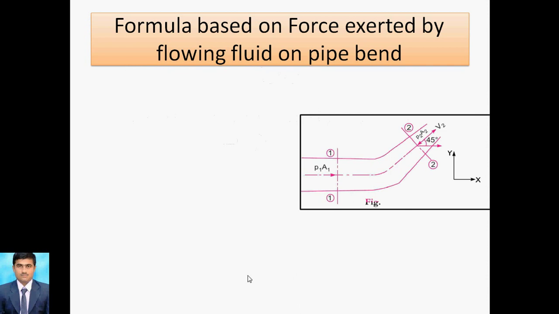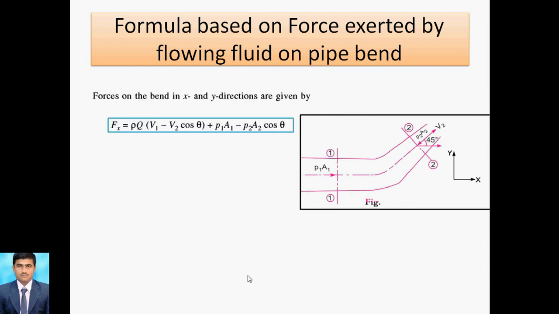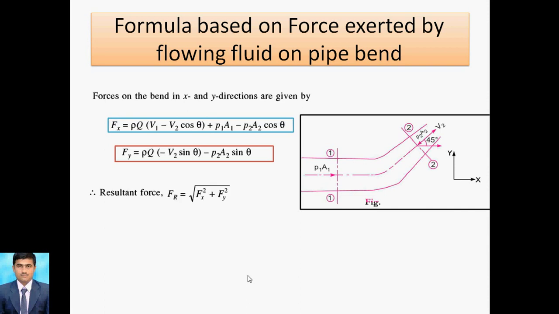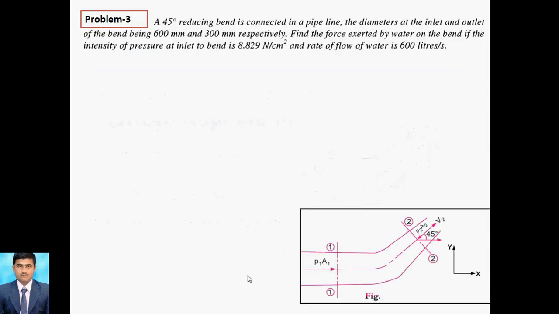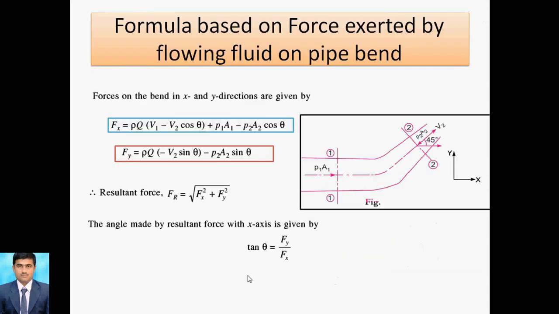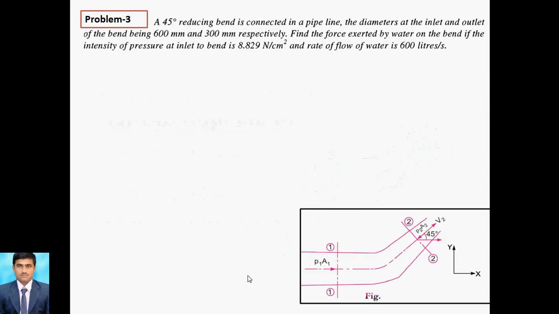So the formulas are: Fx like this, Fy, then Fr is the square root of Fx squared plus Fy squared, then tan theta is equal to Fy by Fx. This is the formula based on the impulse momentum equations. So we calculate Fx and Fy easily, then the resultant force, and also the direction with the help of tan theta equal to Fy by Fx.